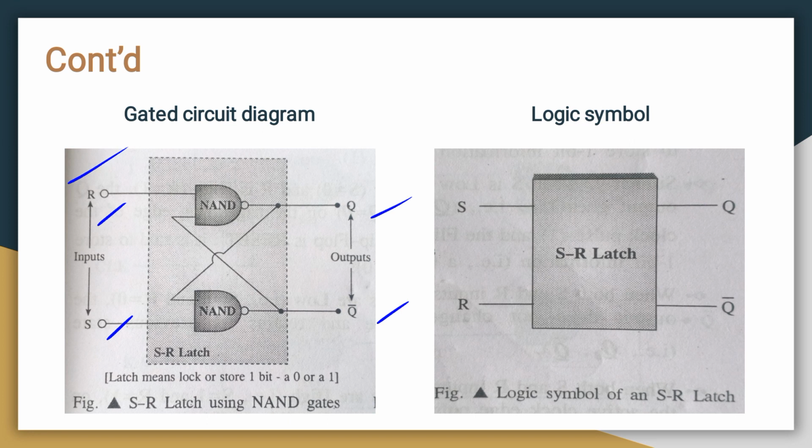We are going to use the NAND gate here. Whatever output we get is fed back as an input to the next gate at the same level. So this is the circuit of the SR latch using NAND gates.